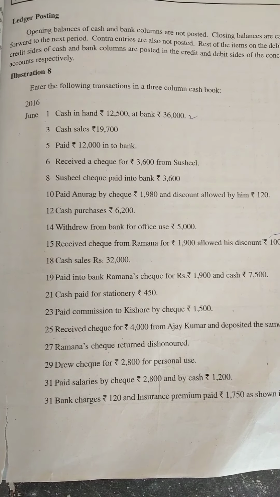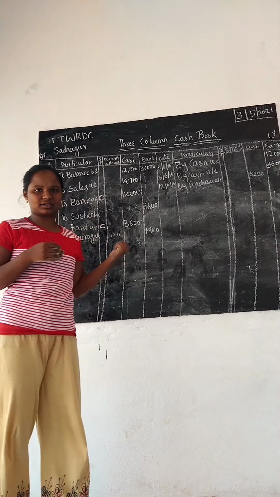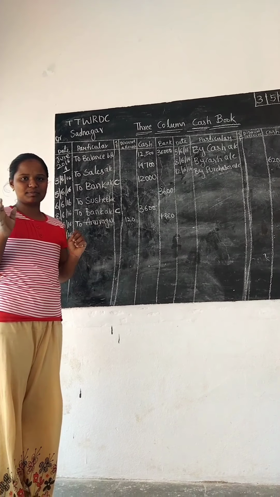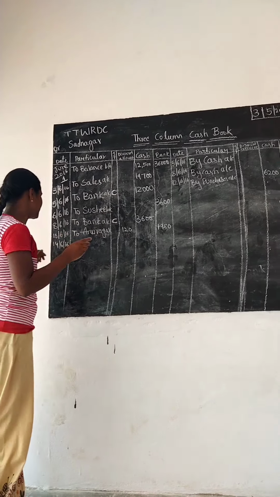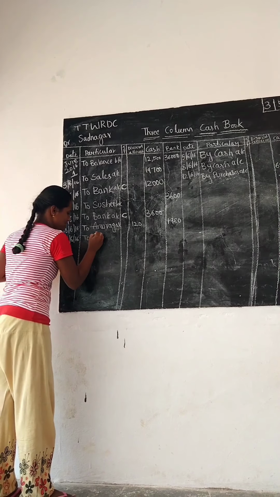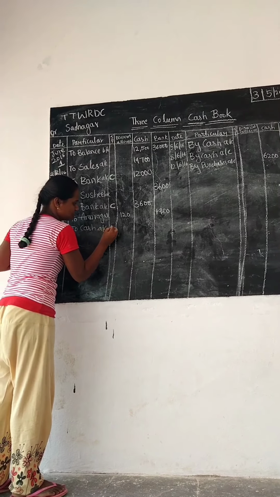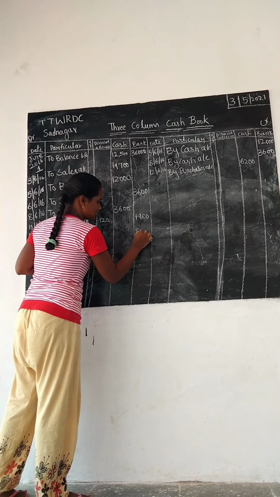Here the journal entry is we are taking our money from the bank, so the journal entry is cash account debit to bank, because we are getting the cash, so cash is debit. Here we mention contra entry. The amount, here cash means we should write the amount in the bank column, 5,000.